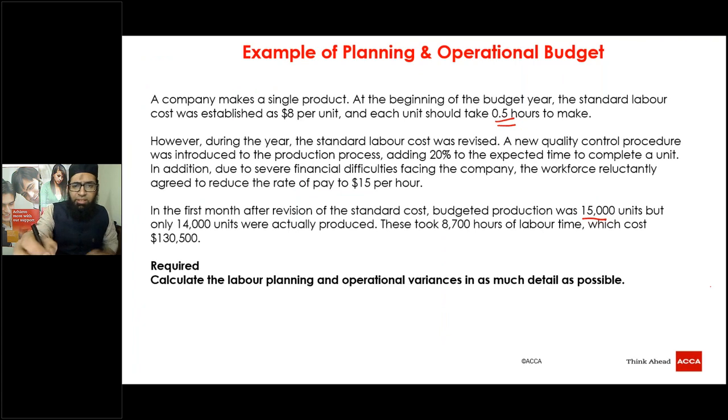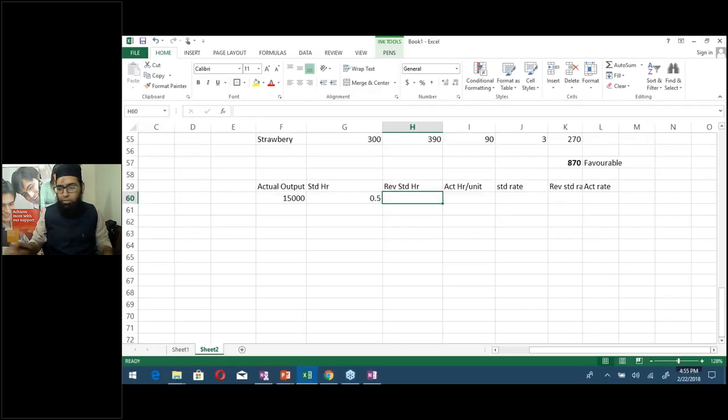It has said that because of the new quality control, we have to add 20% to this standard to build up the revised standard. So it will be how much? It will be standard hours into 120%. So the revised standard hours is 0.6.